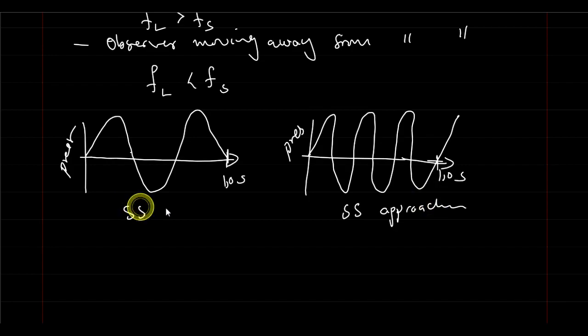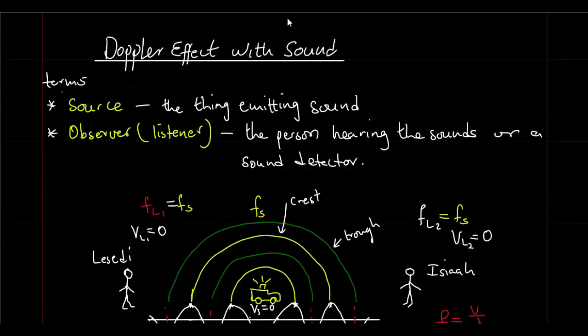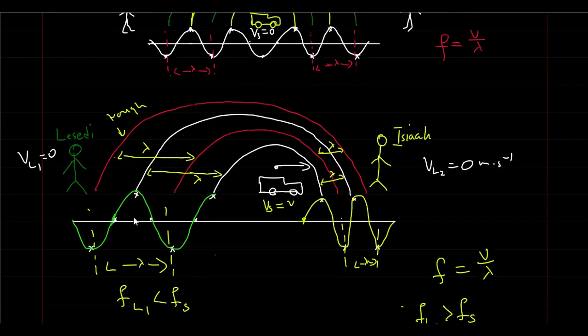Then here the sound source is moving away. It's what we are observing. Remember, it's what we are observing. When the sound source is moving away, we have the wavelength that is stretched. And when the sound source is approaching the observer, we have the wavelength that is compressed.